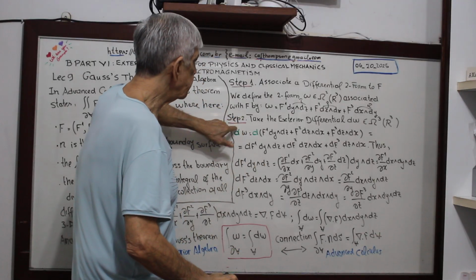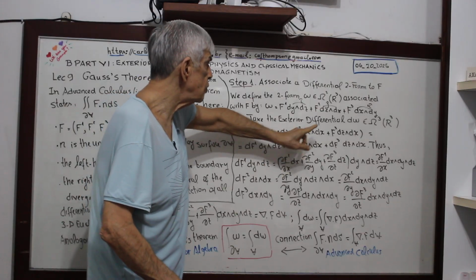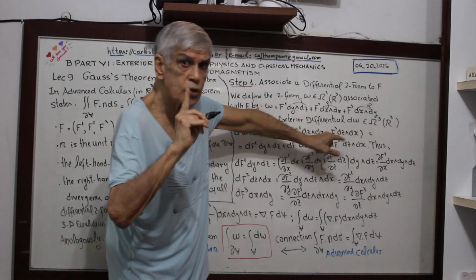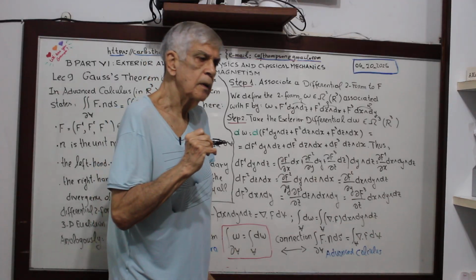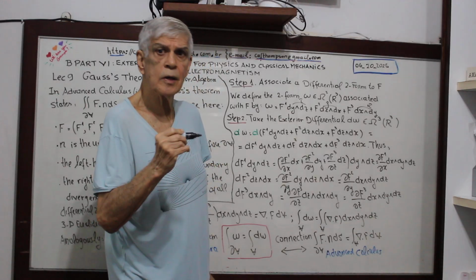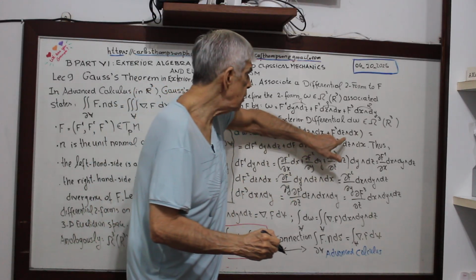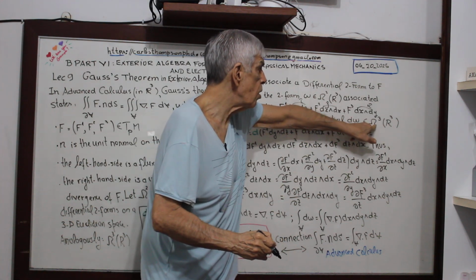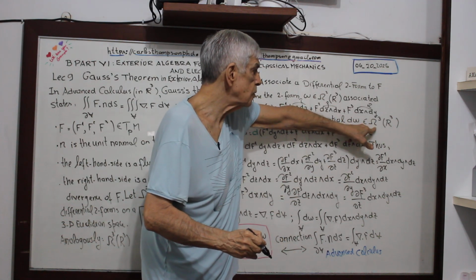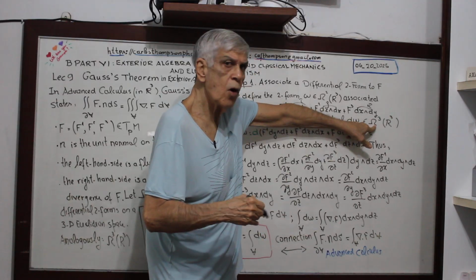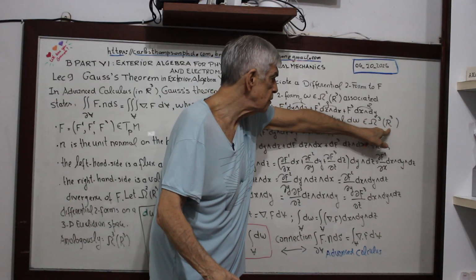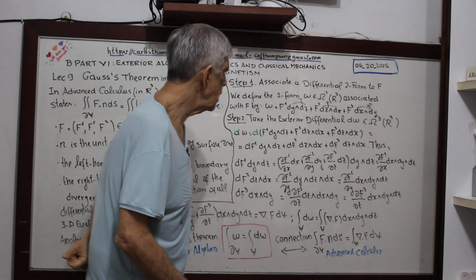Now, step 2. Take the exterior differential d omega. Attention, omega is a two form, so d omega is a three form, in the collection of all three forms in the Euclidean space R3.